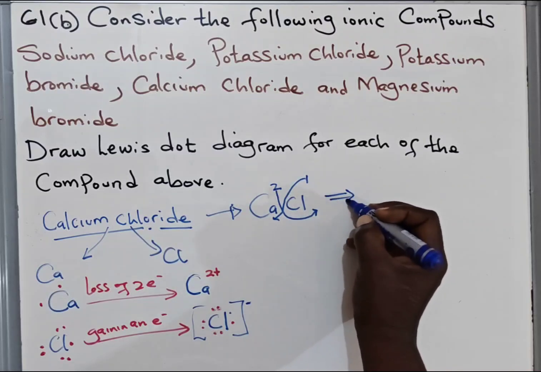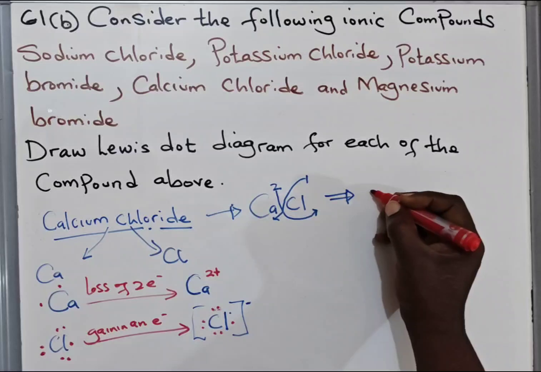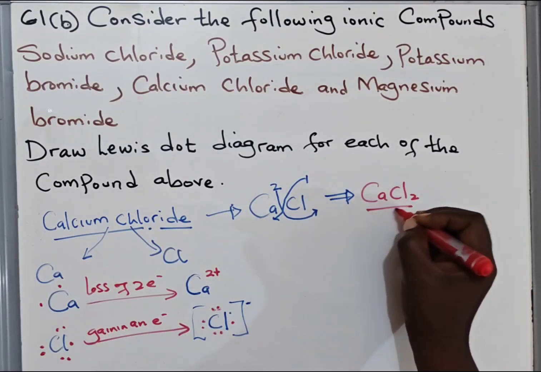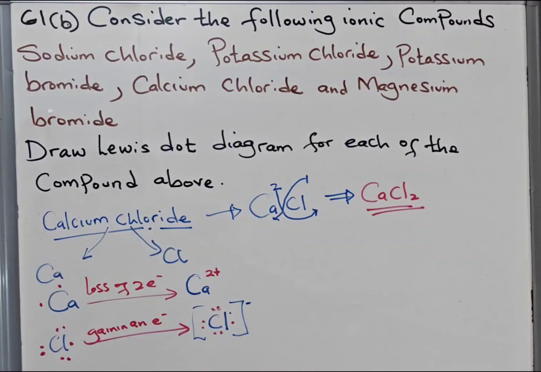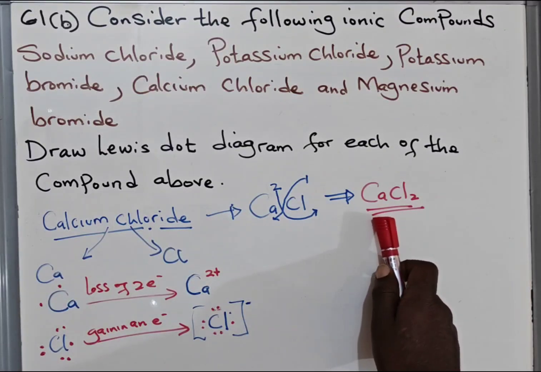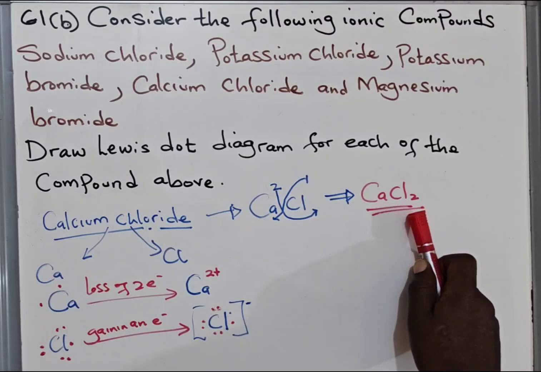So the exchange of the valence will create our molecular formula as CaCl2. So in other words, the structure we are writing has 1 calcium ion and 2 chloride ions.